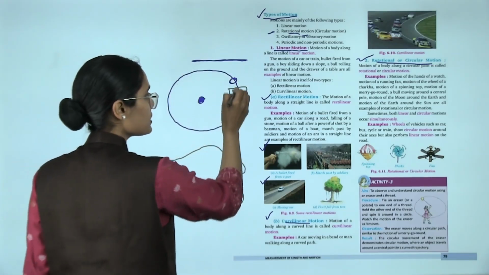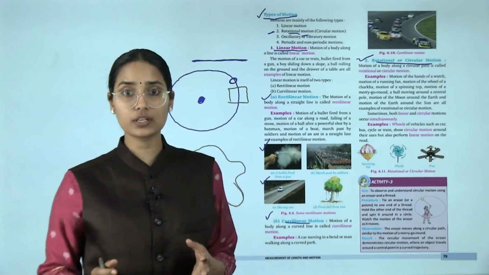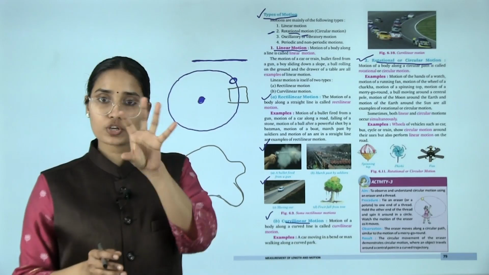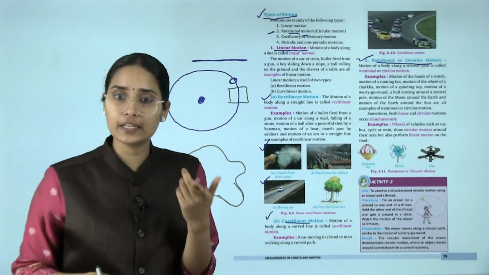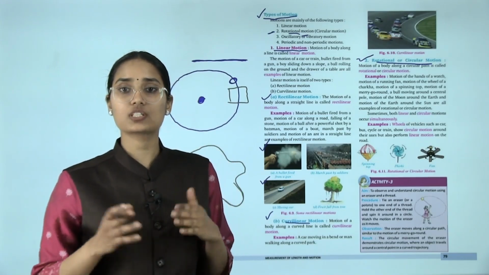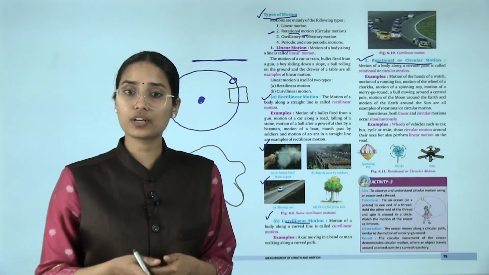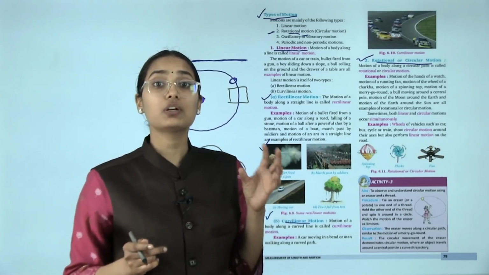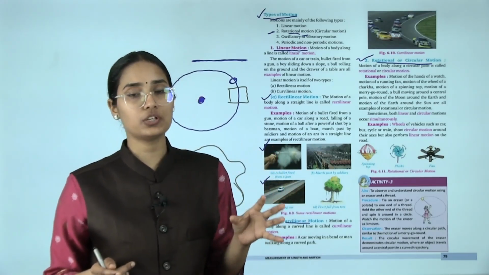I will say this is a linear motion. So a very small portion of a circular motion looks like a linear motion. For example, wheels of a vehicle such as a car, bus, cycle or train show circular motion around the axis but also perform linear motion on the road.